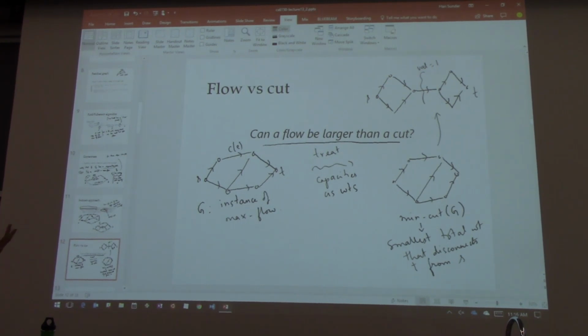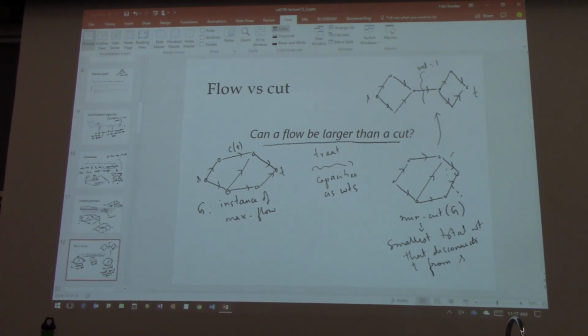So a cut basically says, okay, let's say this is the cut, or sometimes you could have a more complicated cut, like in this case, could be the bottleneck, potentially. Now we are saying that if I remove those edges, then there's no path from S to T. Now look at any possible flow.